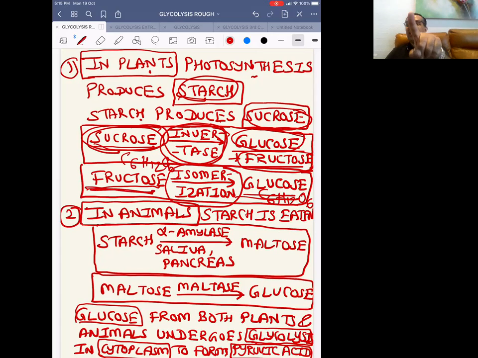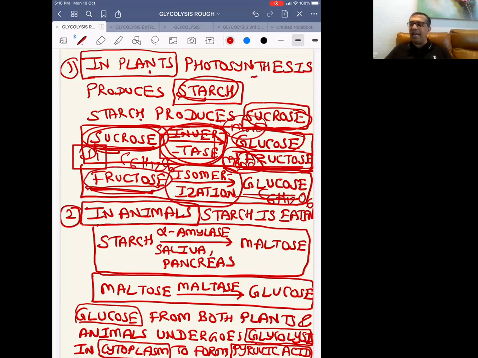Fructose cannot undergo glycolysis. So what will sucrose do in the presence of invertase? Sucrose, which we remember is a disaccharide, will become monosaccharide glucose and monosaccharide fructose, of which glucose can undergo glycolysis, but fructose cannot undergo glycolysis.